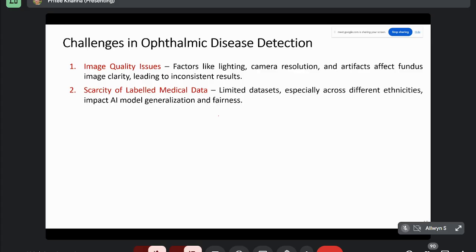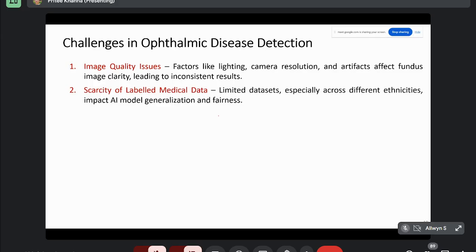And here, when we call this labeling data, especially in the case of fundus images, the data differs across different ethnicities also, like Asians, Africans, then let us say white people. So somewhat of a difference comes into the data set. So when we go for the AI model, if there is variability in the data set, then the AI model which is developed for one ethnicity may not work for another ethnicity, right?